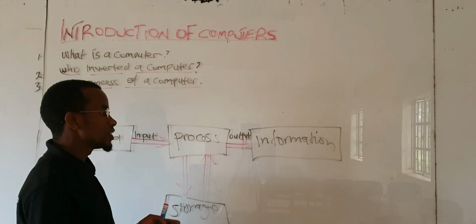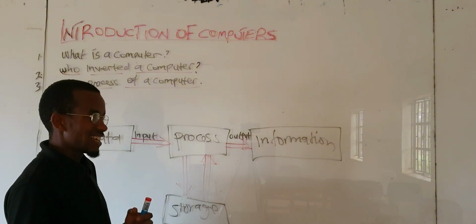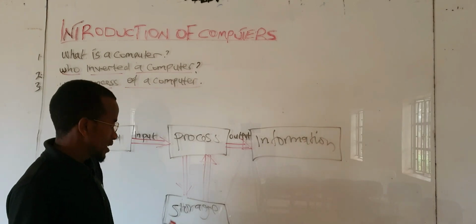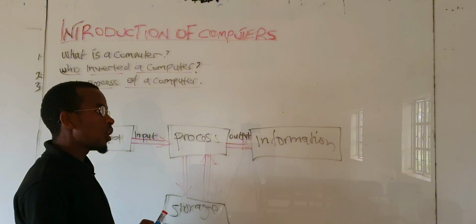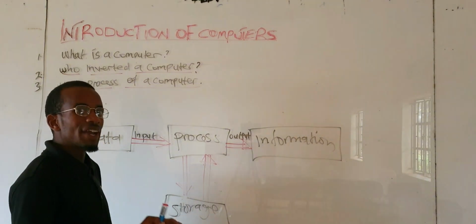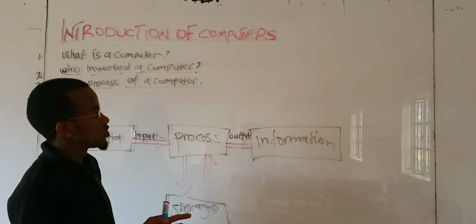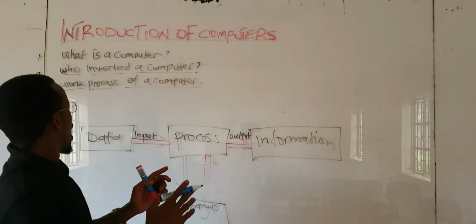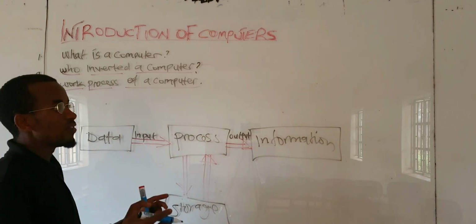So output, it displays or prints a soft copy into a hard copy. Then for storage, you would store your information on a hard disk, on a CD, on a flash, among other storage devices. So this is the work process of a computer.